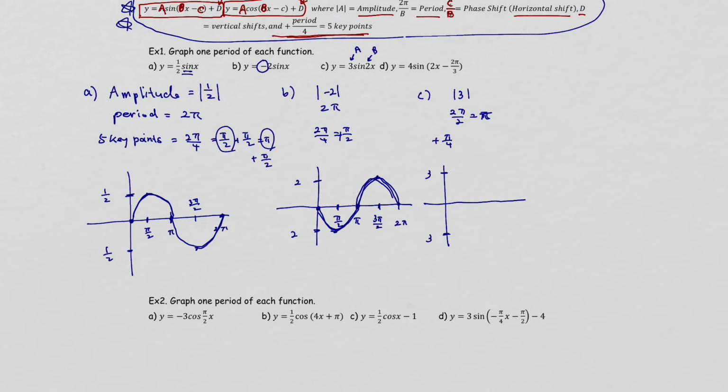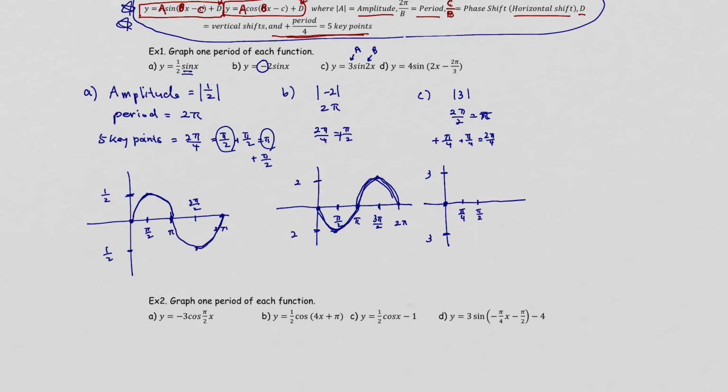This is positive, so you're going to go up from the starting point on your first period, right? So that will be pi over 4. When you're adding pi over 4 to that, it's going to give you 2 pi over 4, which is pi over 2.